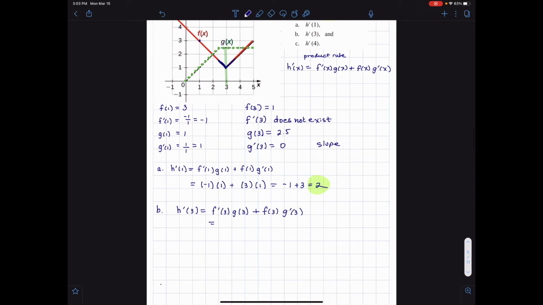But when we come to this problem, I'm going to write down that this does not exist because over here there's a kink in the graph, or sharp edge.